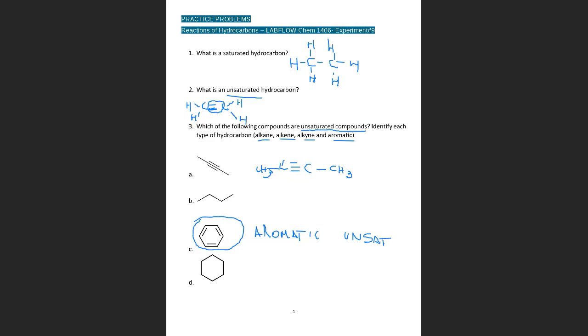How about the last one, D? They're all single bonds. So it's an alkane and it's a saturated compound. This compound is cyclohexane. It doesn't matter that it is a cycloalkane. Still, when you look at the carbons, there are no double or triple bonds, so it's going to be a saturated alkane.